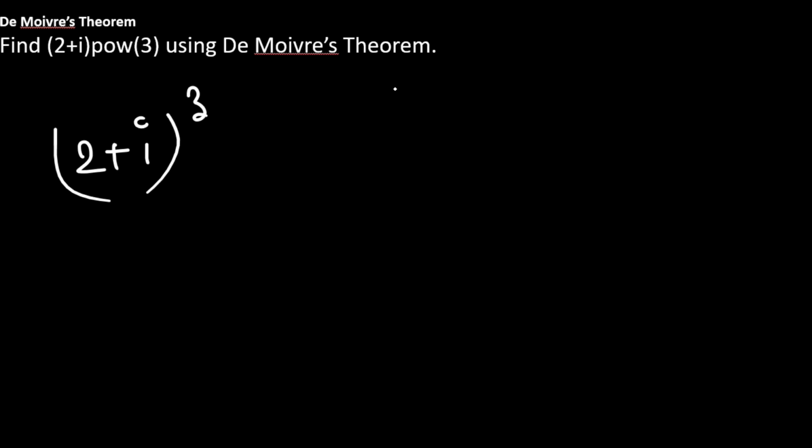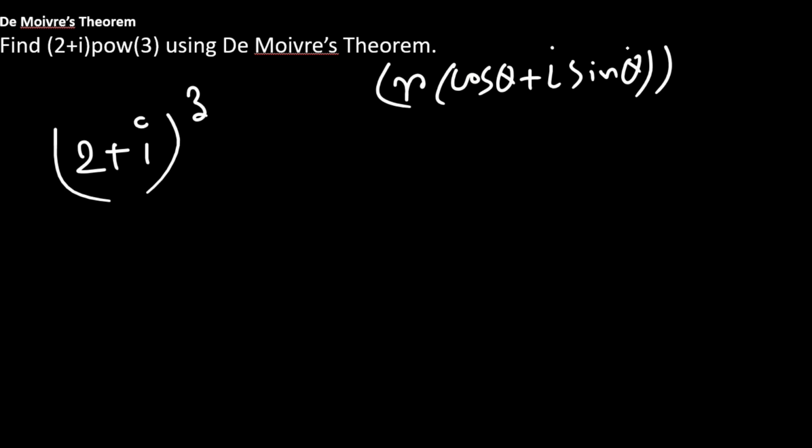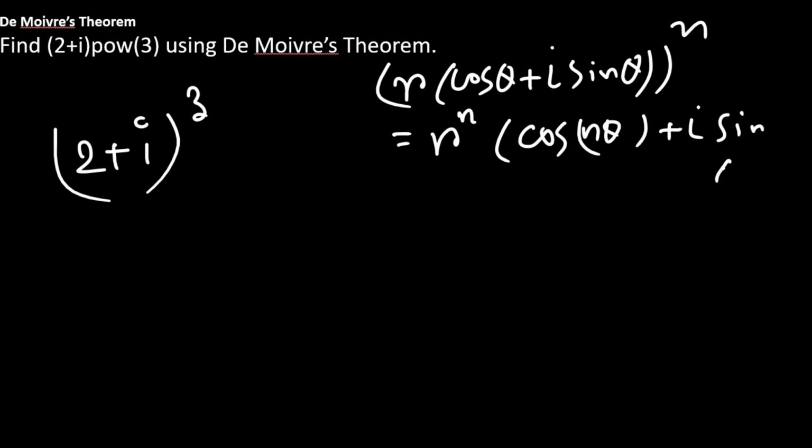According to De Moivre's theorem, r cos theta plus i sine theta, in parenthesis, to the power n, equals r to the power n times cos n theta plus i sine n theta, with the parenthesis closed. So this will be the result.